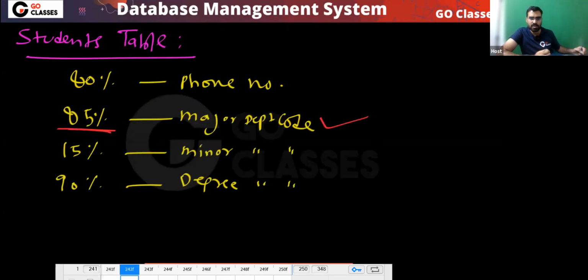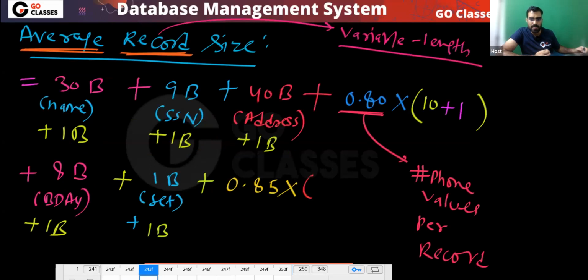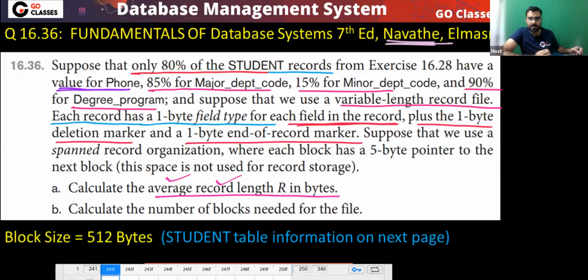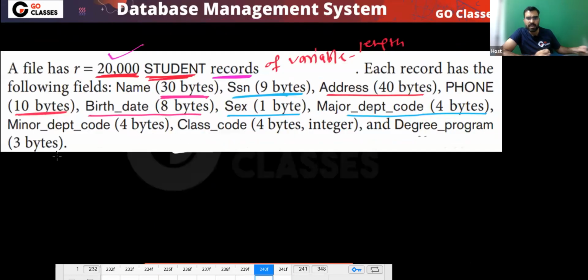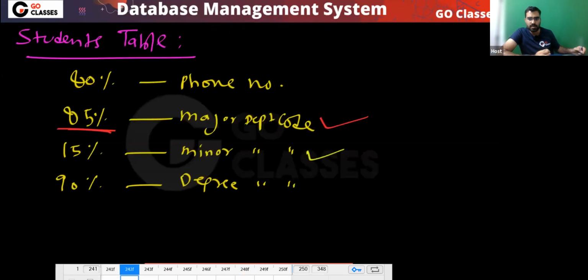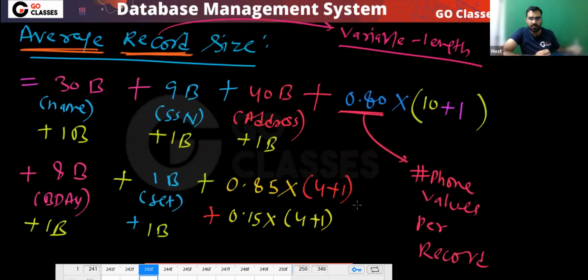So that will be 0.85 multiplied by 4 bytes, so 4 plus 1. Plus next, 0.15 multiplied with 4 plus 1. This will be for minor department. For minor department, you can notice 15% have a minor department, so that will become 0.15. This is for major department, and this is for minor department.